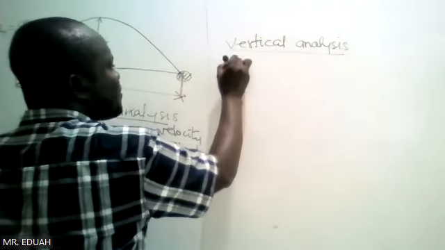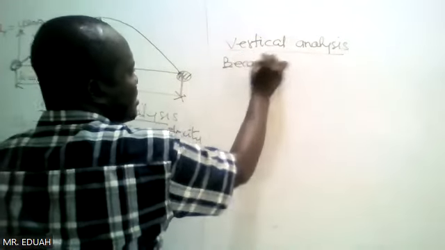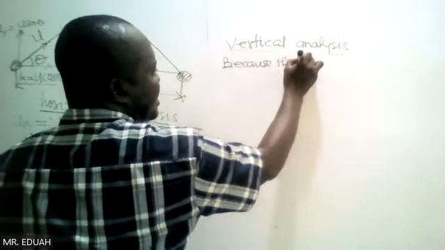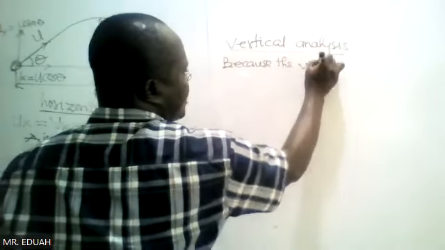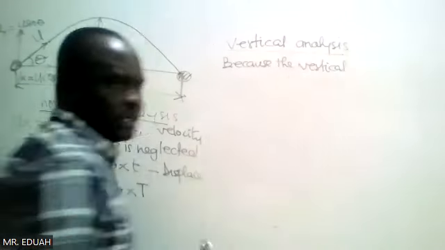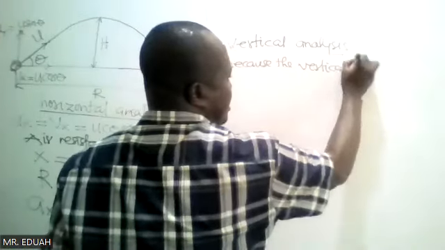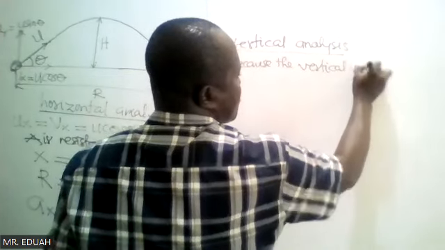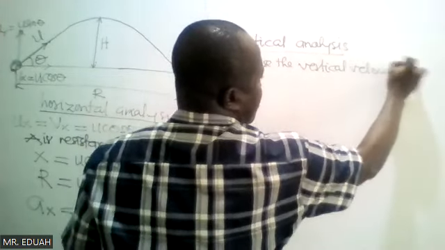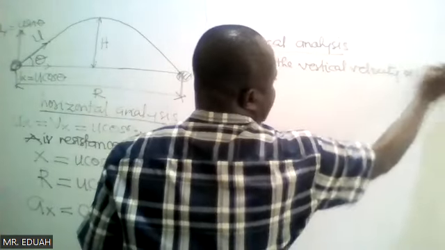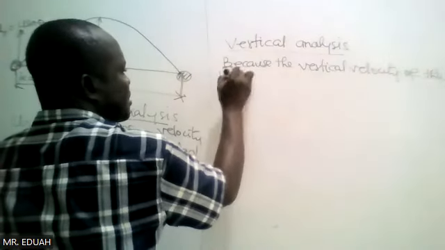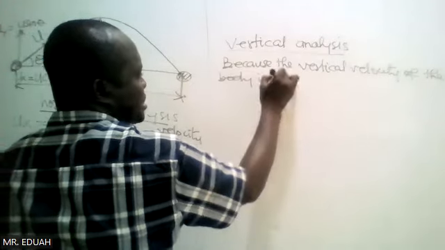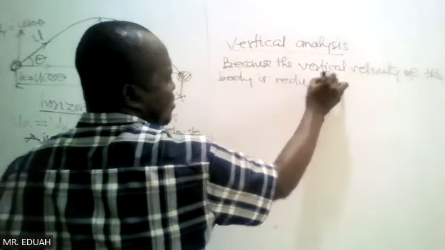Because of gravity, the vertical velocity of the body is reduced with time.